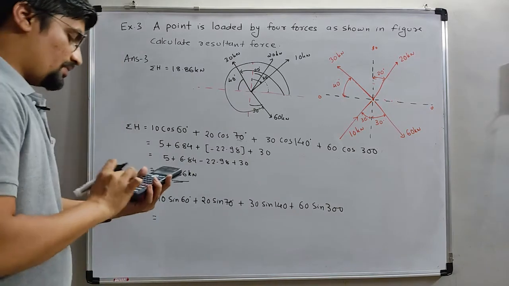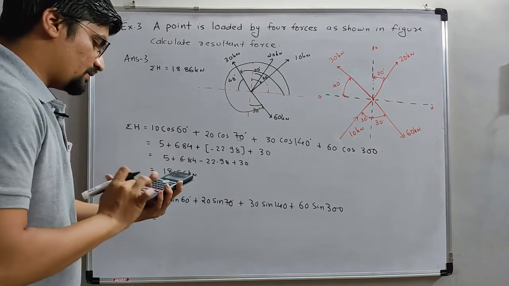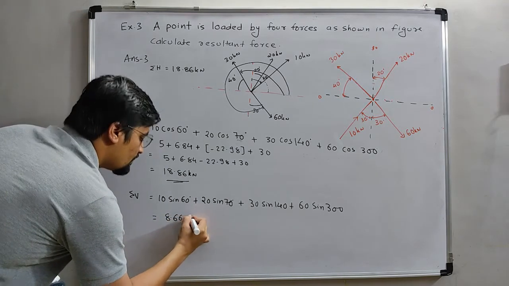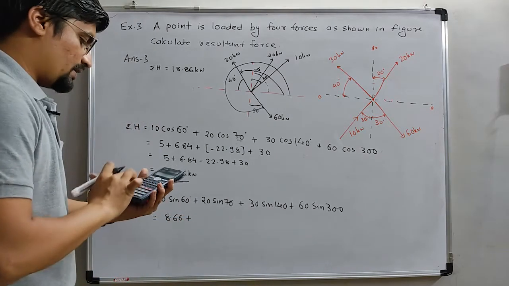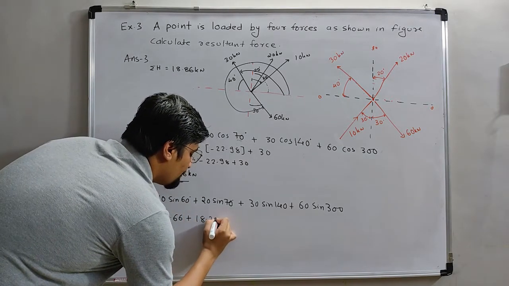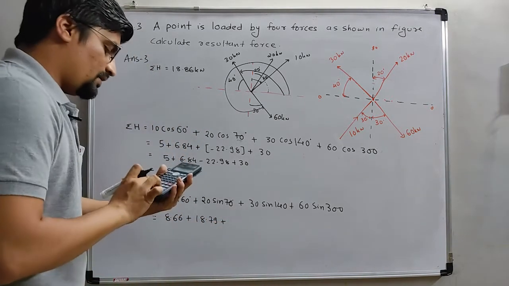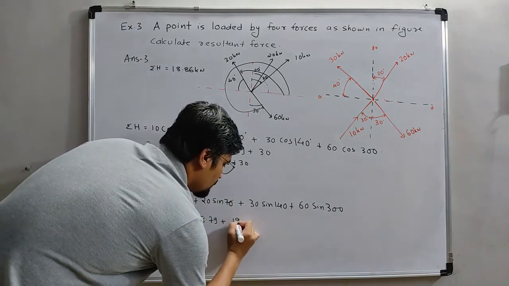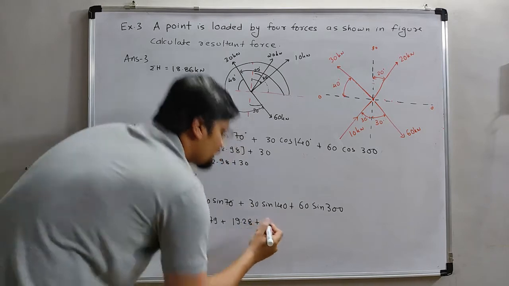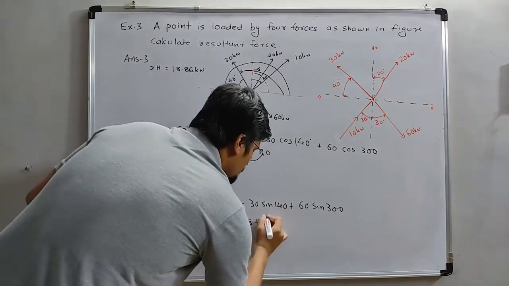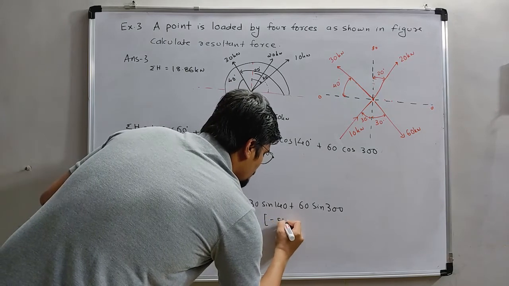So let's solve it. 10 sin 60 means 8.66, plus 20 sin 70 means 18.79, 30 sin 140 is 19.28, and 60 sin 300 is minus 51.96.